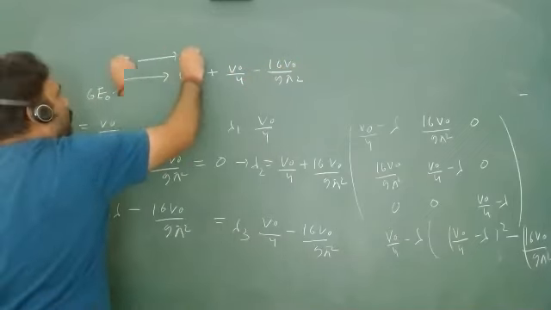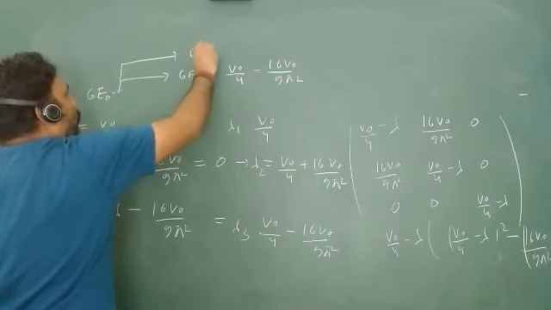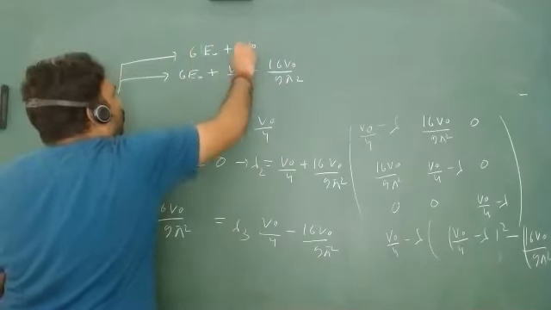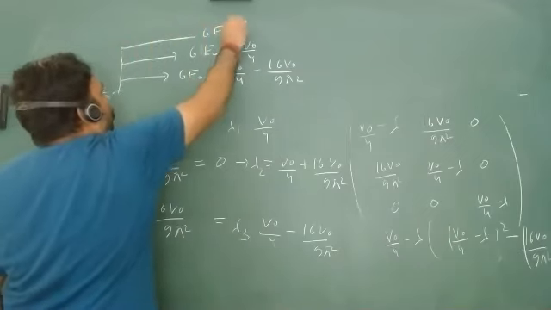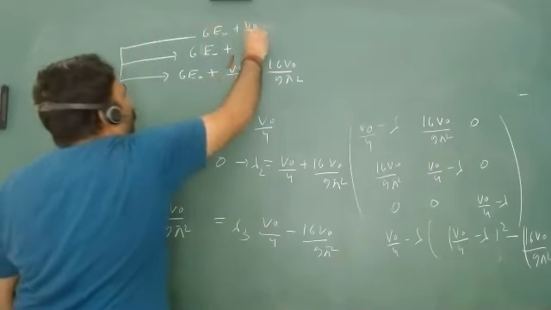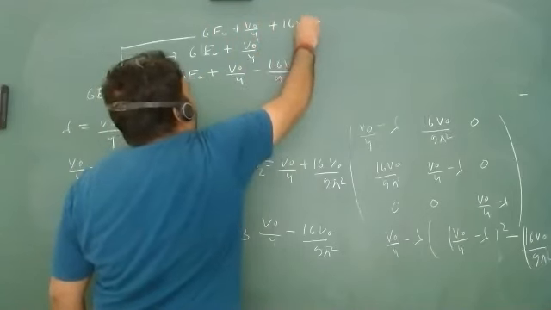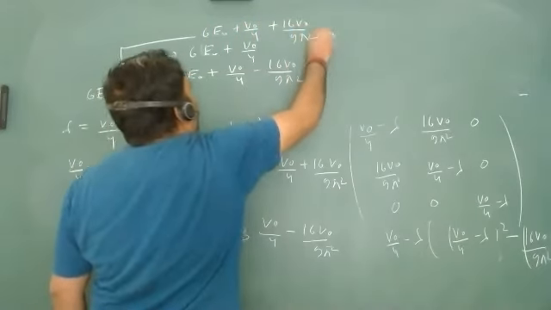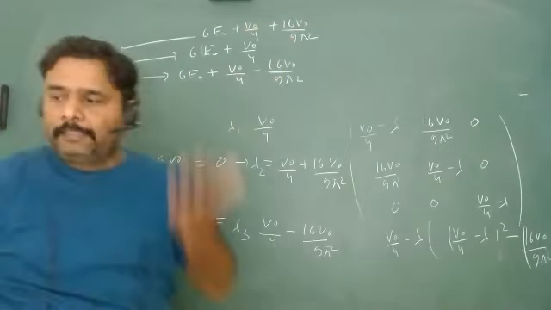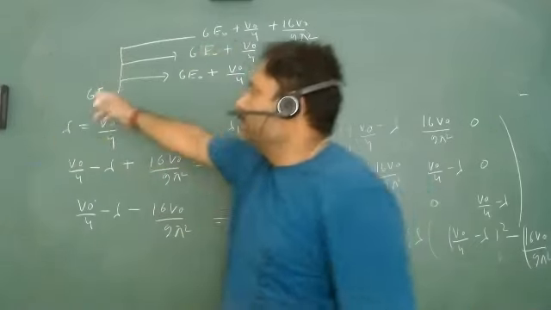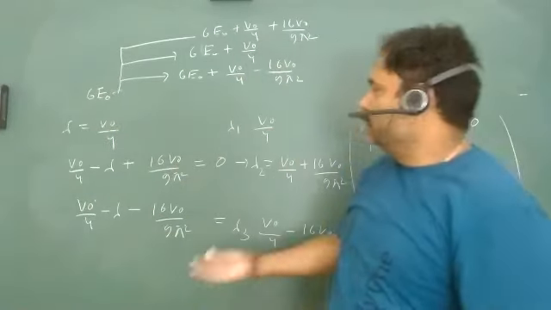Next level is 6 E naught plus V naught by 4, and the third level is 6 E naught plus V naught by 4 plus 16 V naught upon 9 pi square. So the degeneracy is going to break. But what will happen? Every level is going to be a little bit higher than 6 E naught. So this is the answer.